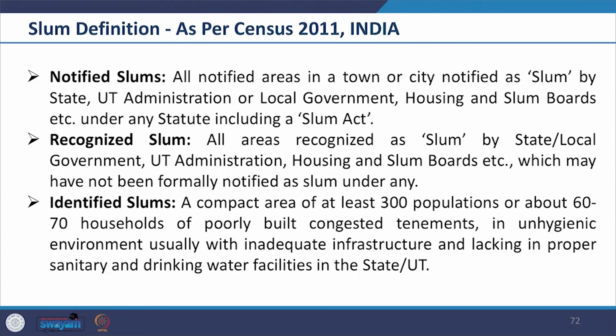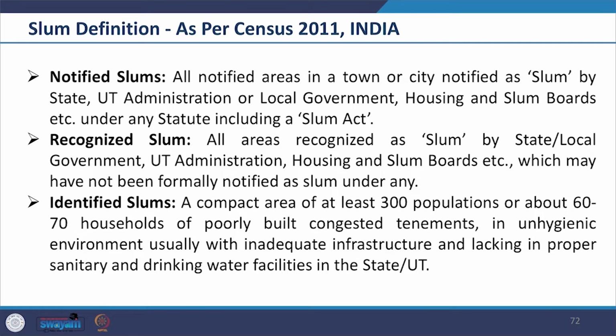Slum is defined by the Census of India and the National Sample Survey Office (NSSO). As per Census 2011, we have three categories of slum. One is notified slum, where all notified areas in a town or a city are notified as slum by the state or Union Territory Administration or by the local government, housing and slum board and so on, under any statute including a slum act.